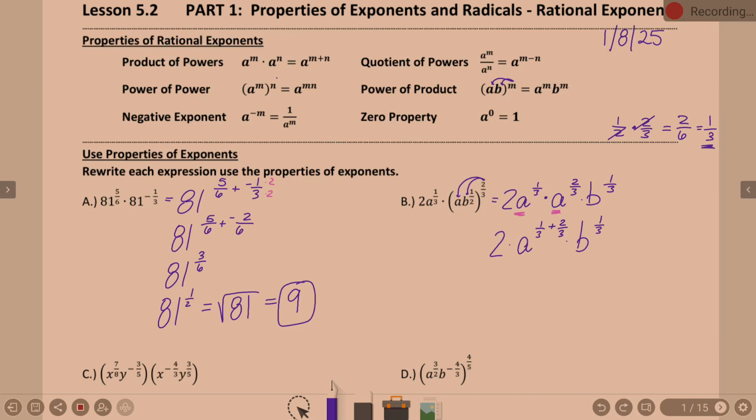What is 1/3 plus 2/3? 3/3, which is 1, yes? So what can I clean this up to be? 2, a to the first, which we all know I can just write a, b to the 1/3.